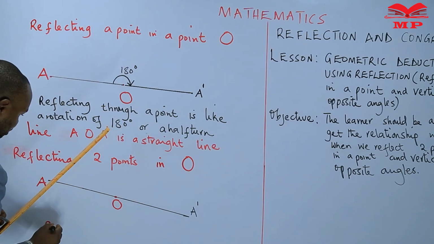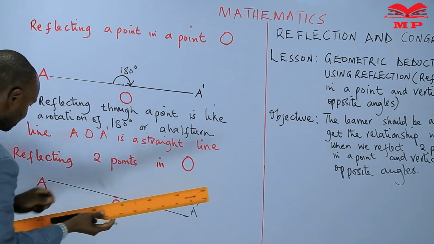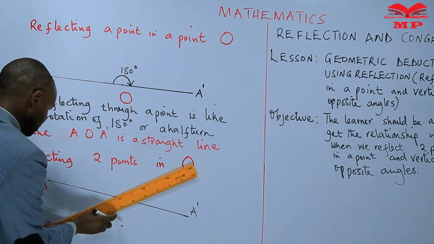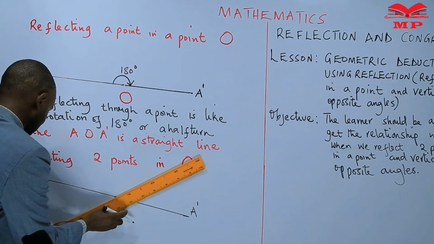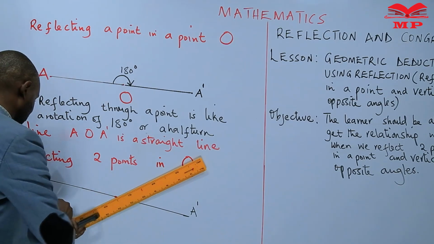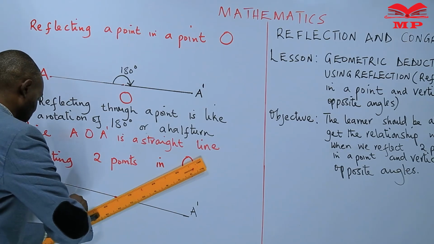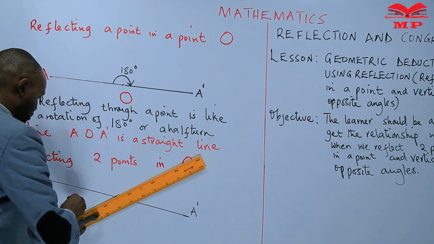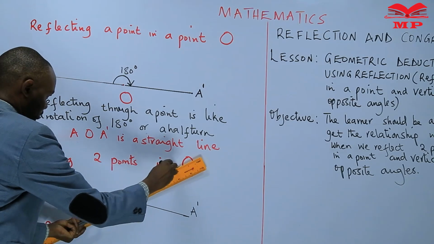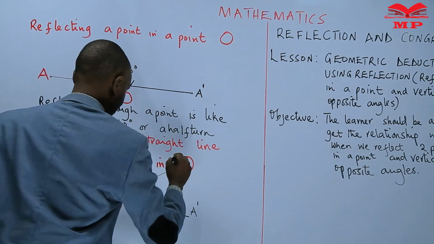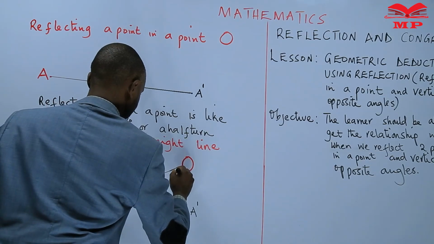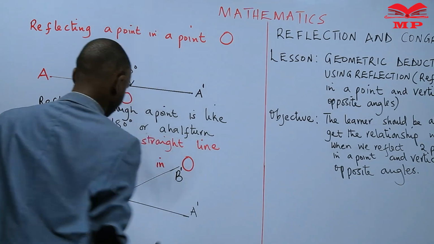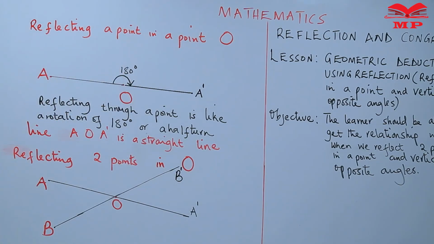The same will happen to B, giving B prime. You realize I get a series of angles.